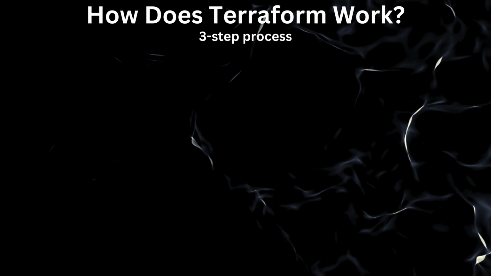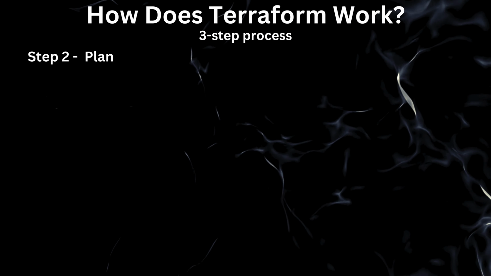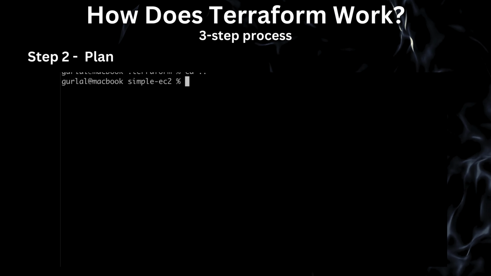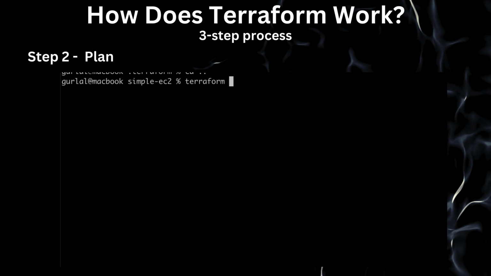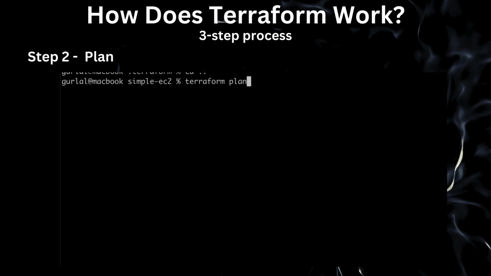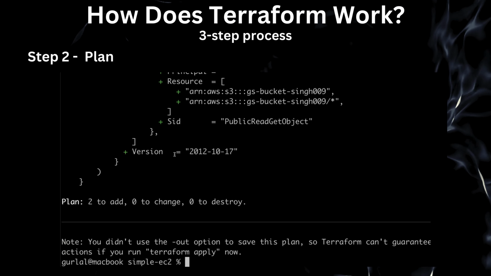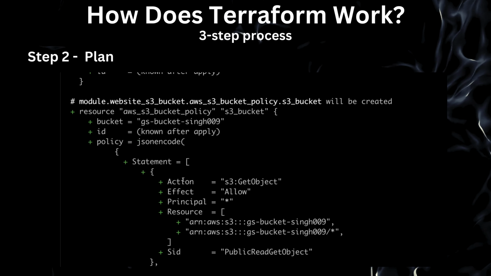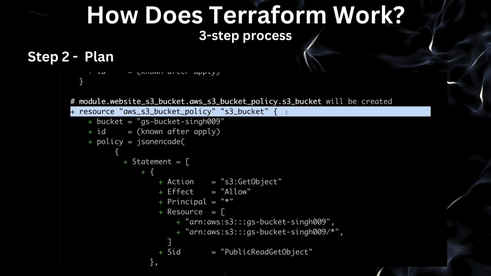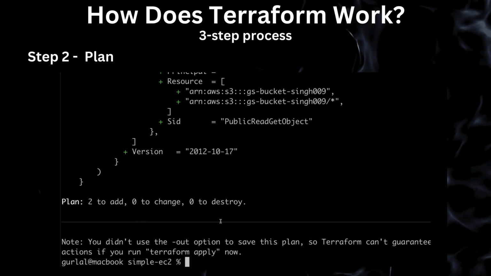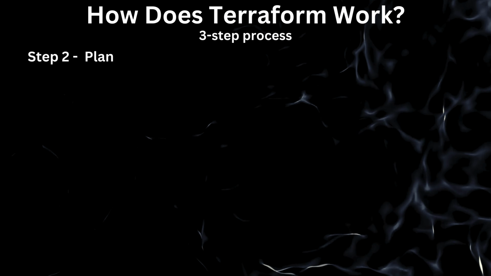Once you have the directory initialized, you could run terraform plan command. This command would generate an execution plan showing what changes will take place when you apply this code to a particular provider environment. It highlights the resources that will be created, modified, and even the ones that will be deleted.